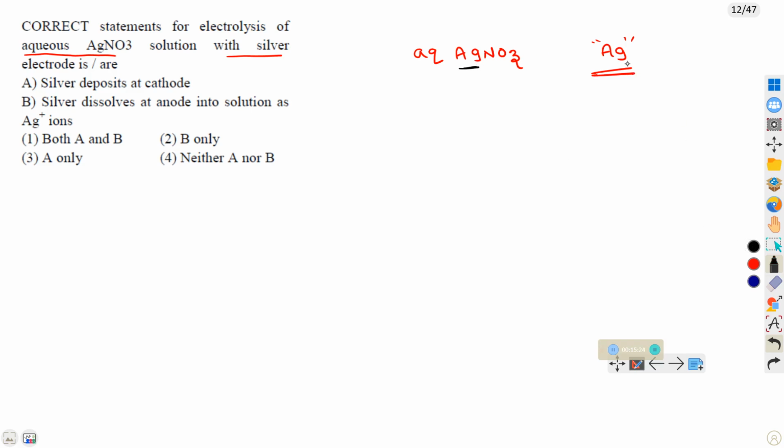Here silver is present, and reaction also takes place at the silver electrodes, so the electrode is considered an active electrode. In the presence of an active electrode, at the cathode the cation is deposited, and at the anode the electrode metal dissolves. What is the cation here? Ag plus is the cation.